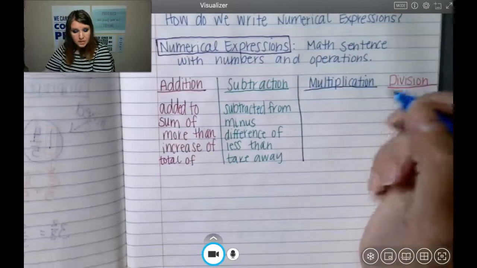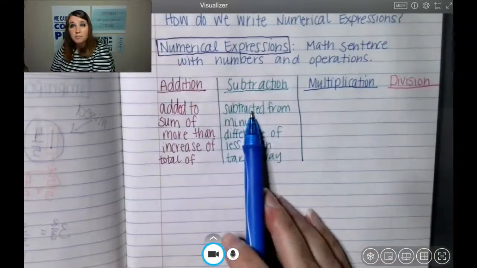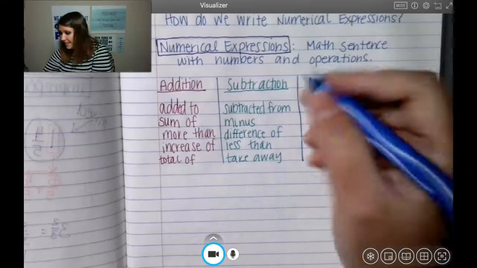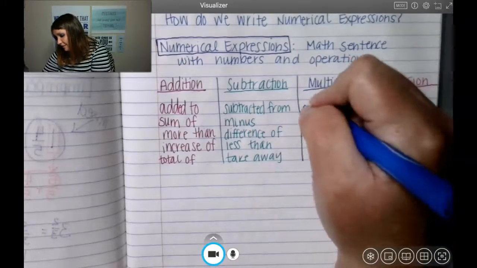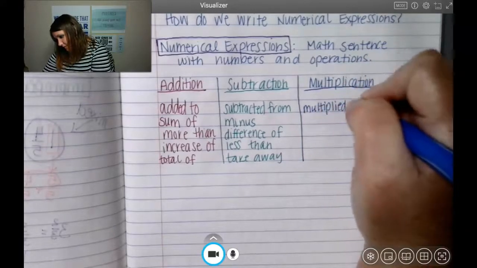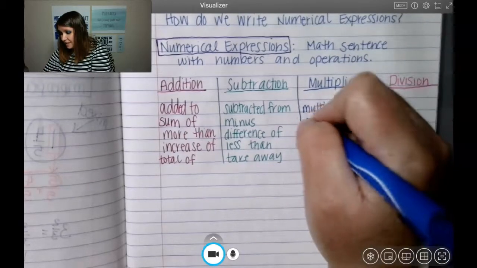All right, multiplication. We've got added to, subtracted from. What do you think should go here? Multiplied to? Okay, so we've got multiplied to. Oh, times. Yeah, times. This times that.